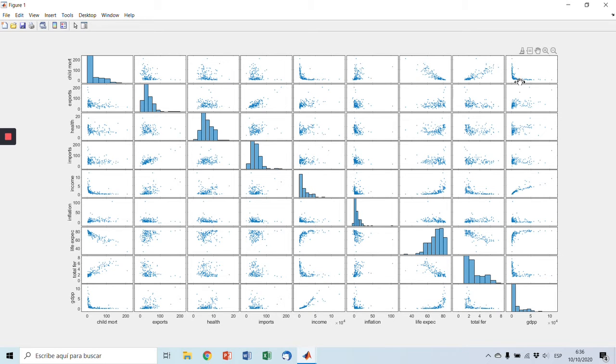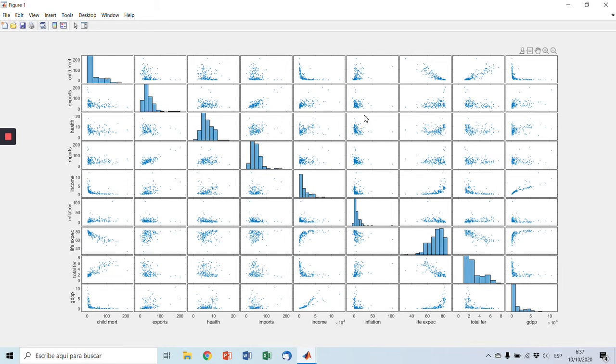And then with the GDP, we have the same relationship with child mortality as we had with income. And then exports and imports are very much related. Otherwise, exports is unrelated to health, inflation, and life expectancy.